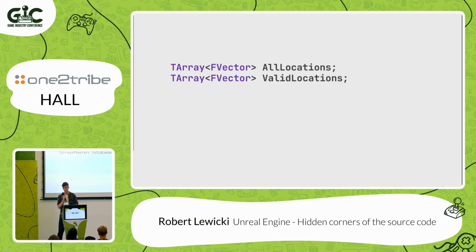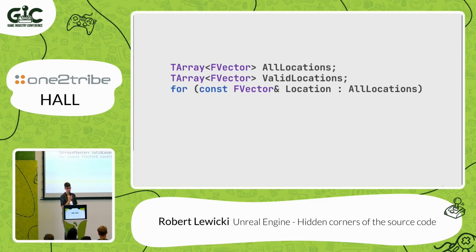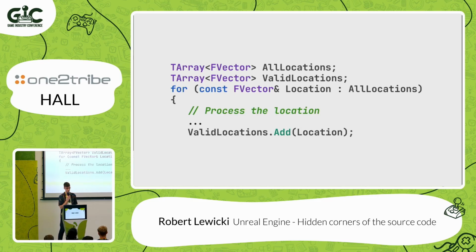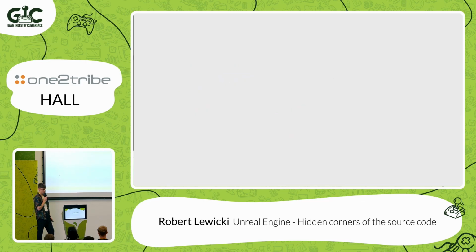Then we have another array that stores some selected locations that will pass some conditions that we do in the for loop. So we go through all of the locations, we process them, and then if it meets our conditions, we add it to the array, and that's it, right? Code probably most of you have written, again, hundreds of times. Very basic.